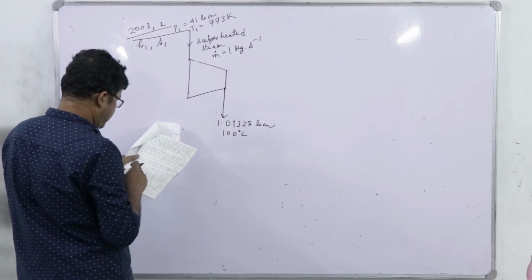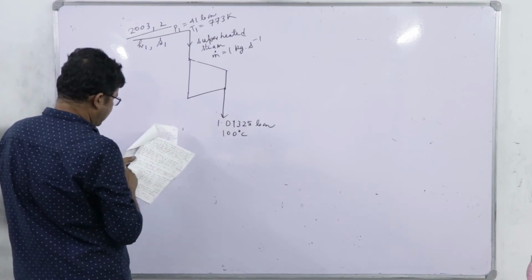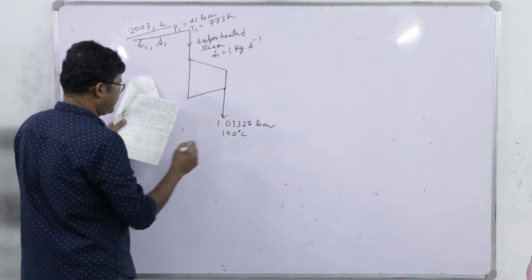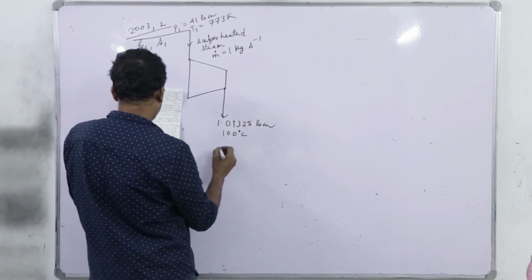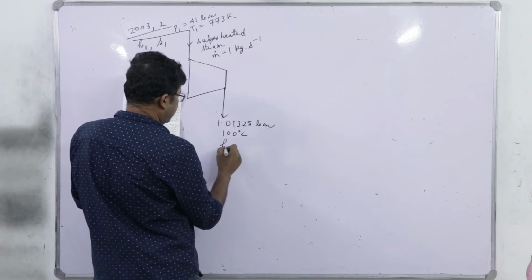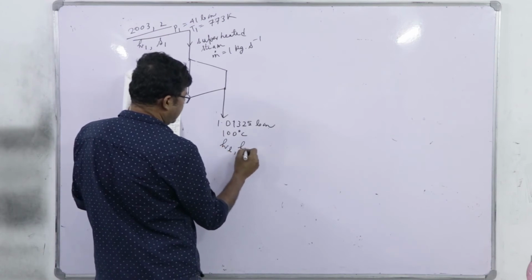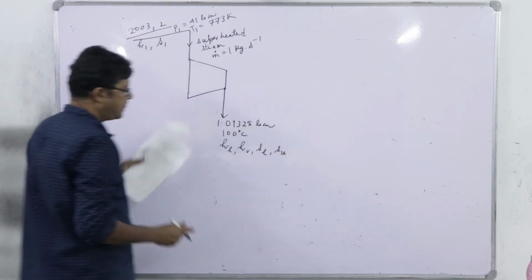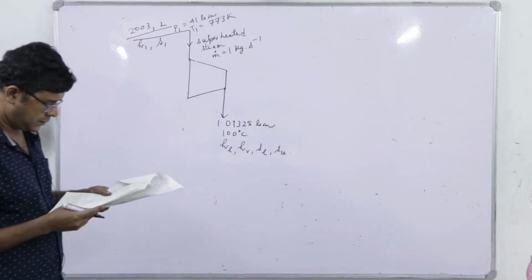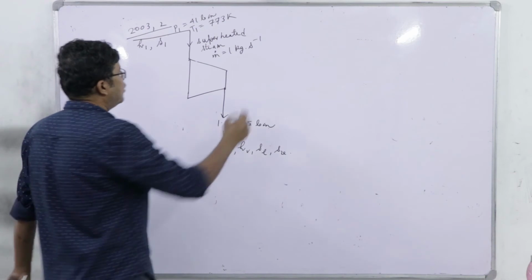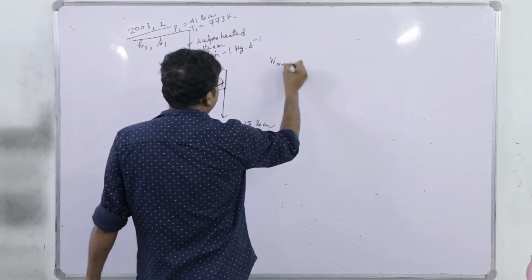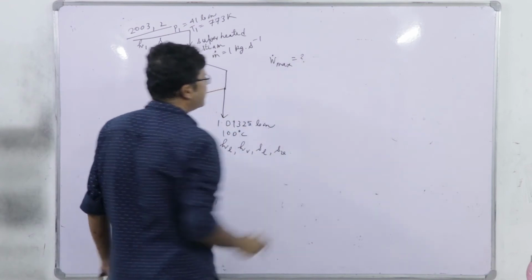Now at 1.01325 bar and 100 degree, what we have? These are given. So, what is asked? The maximum power output, W dot max.